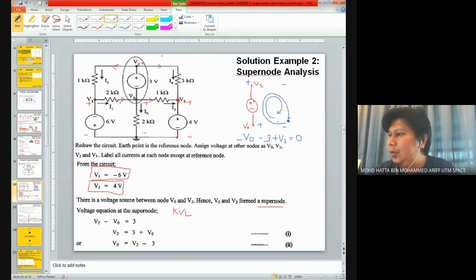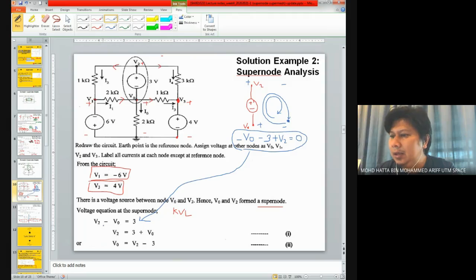So if you look at this equation and this equation, basically it is the same. We can say that if you rearrange this equation, you will get this equation.